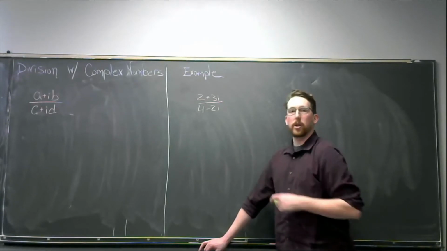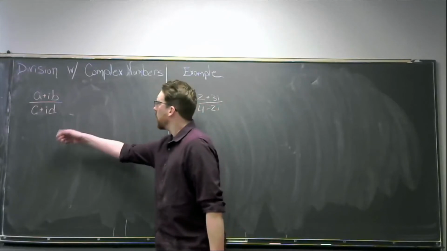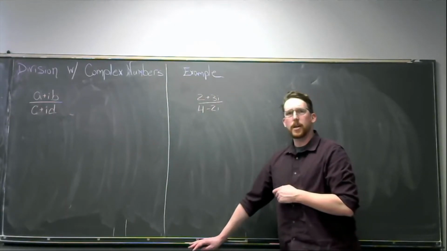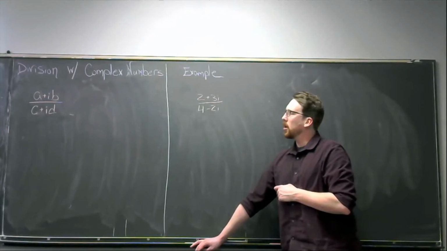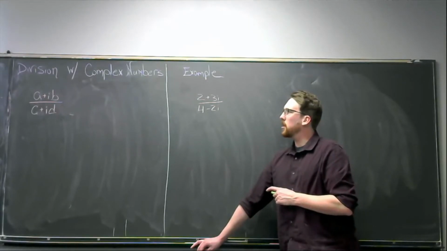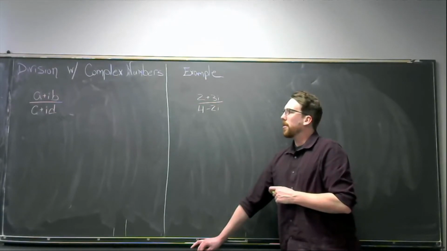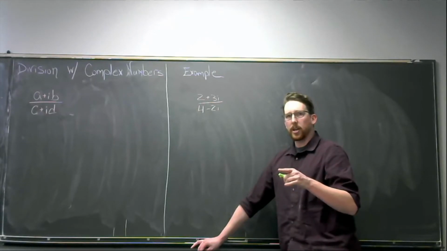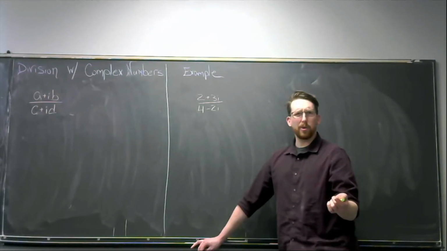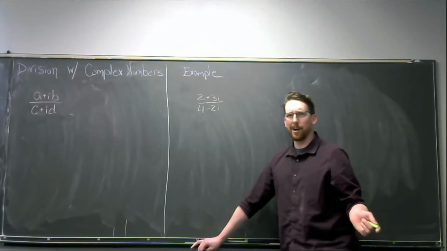So how are we going to handle it? How are we going to handle something like this? We got to get this complex number out of the denominator. What are we going to do? Well, just a minute ago we were talking about complex conjugates. And we saw that if we multiply two complex conjugates, it comes out to be a squared plus b squared. Well, that's a real number, right? There's no i's in there.